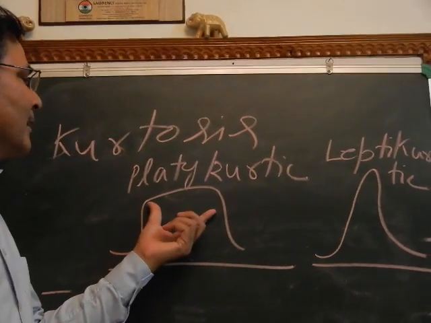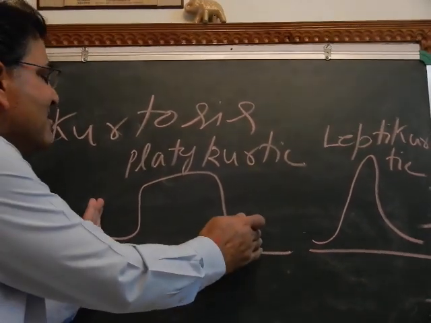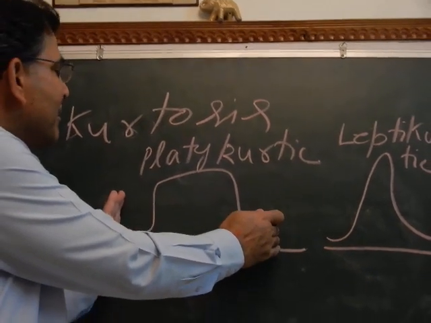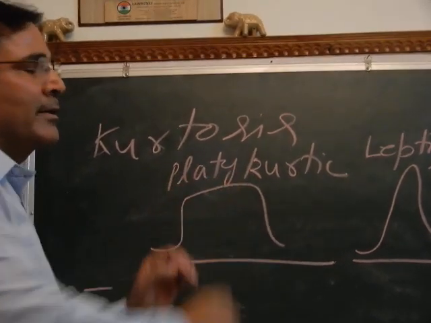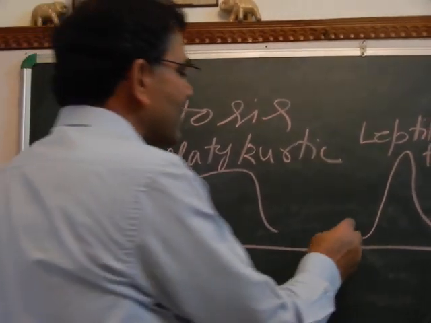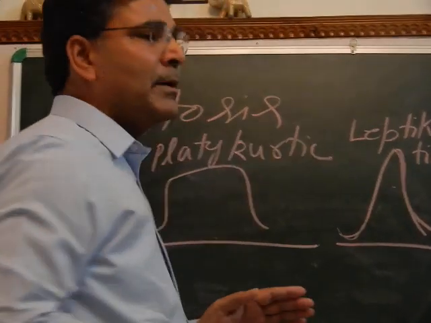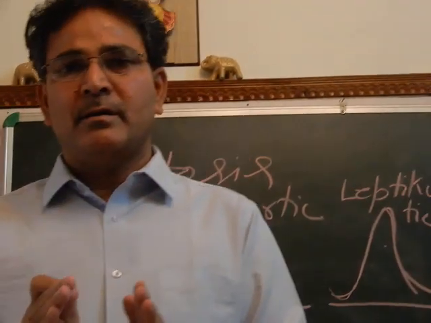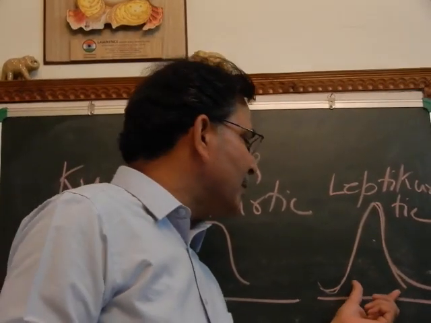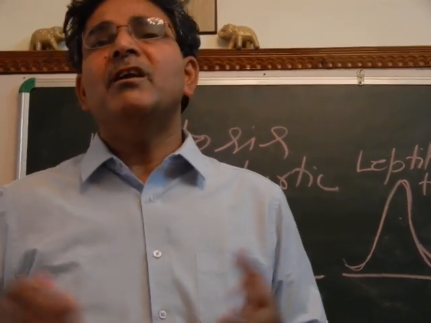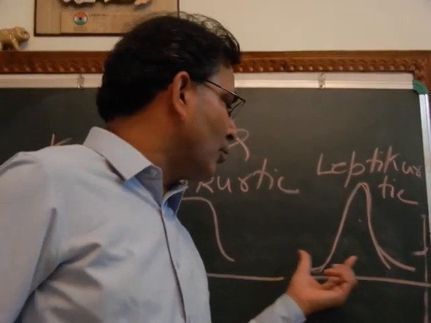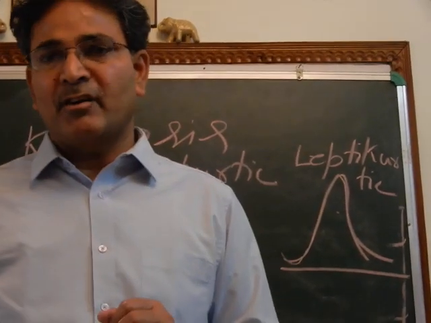This explains that the tails are better sorted than the central part. Whereas if the peak is in the central part, it means the central part or the middle sized sediments are well sorted or more sorted than the coarser sediments and the finer sediments.